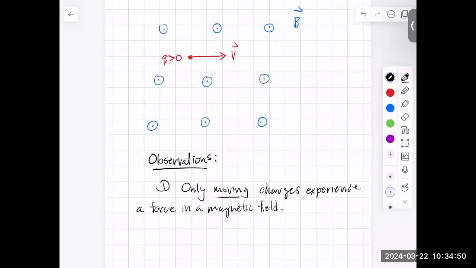Okay. So then we say, okay, we're going to look at only charges that are moving. I fire a charge in with speed v, and I measure its force. And then I fire a charge in with twice that speed, and the force would be twice as big. If I fire a charge with half the speed, the force would be half as big. And so that tells us that the magnitude of the force is proportional to the speed.